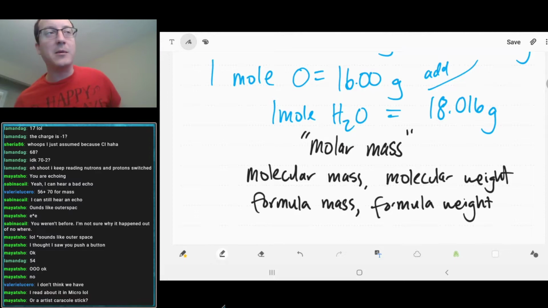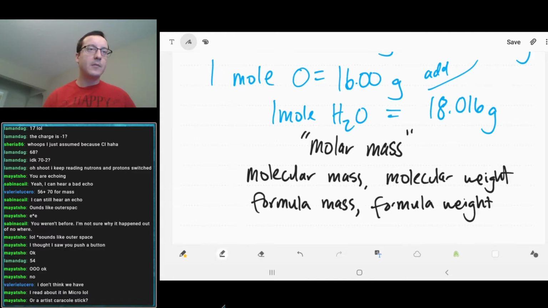Technically, that one is a little bit more precise, especially if we're talking about ionic compounds. But very often, we're just going to hear molar mass. That's the one that I typically use, what most people typically use. However, all of these other terms mean exactly the same thing. So all of these refer to that same idea.